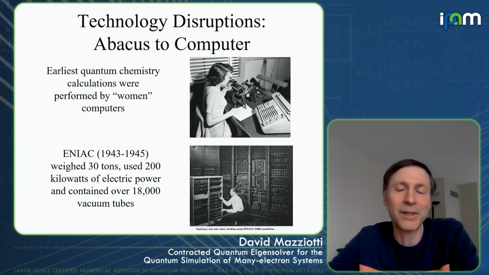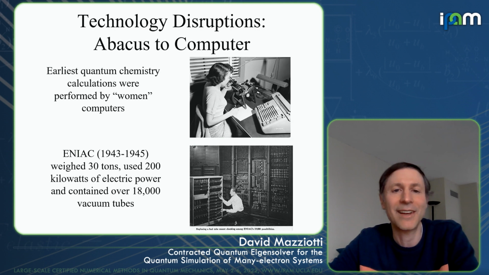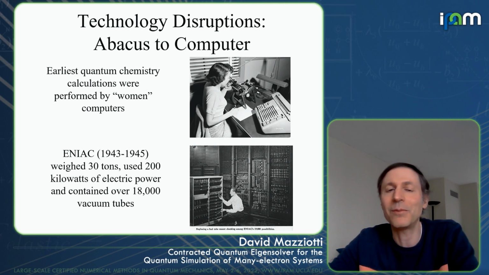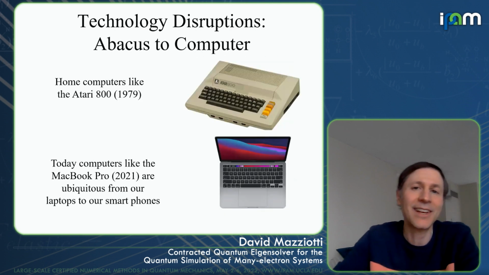And here's a picture that's representative of the type of adding machines that were used to do the calculations. And of course, in the 1940s, we had the rise of the ENIAC and other computers. Here, just the size of the computer, weighing 30 tons, using 200 kilowatts of electric power, contained 18,000 vacuum tubes. So it's remarkable how much computing has advanced.